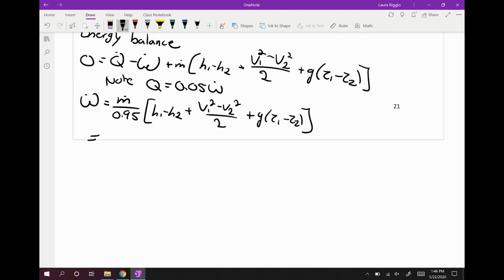Since it's liquid water, and T2 is equal to T1 and P2 is equal to P1, H1 minus H2 is going to go to 0.